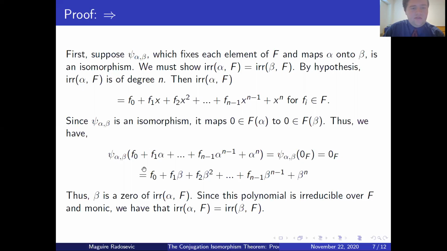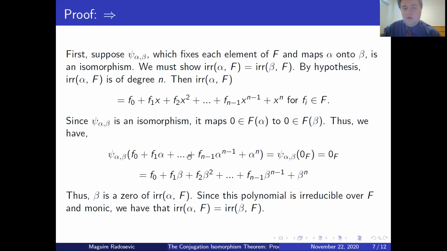So what we can do is we can take this irreducible polynomial of alpha over F, and we can substitute alpha in for it and determine the image of that element of F adjoint alpha under this function psi. And we can write it in two different ways. So in one sense, we write psi as we expressed it in the statement of the theorem, where we leave everything in F fixed and we map alpha onto beta. So the image of this element is, in one sense, this element right here of F adjoint beta.